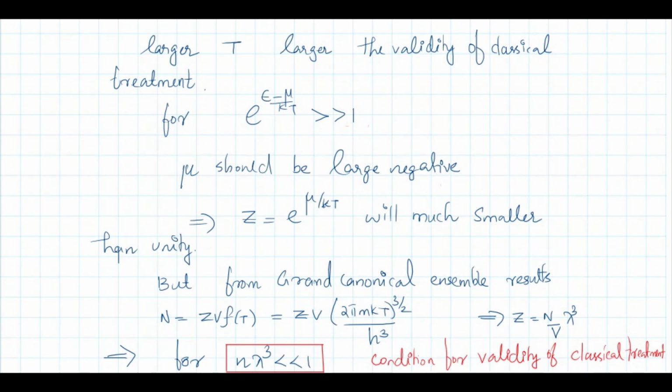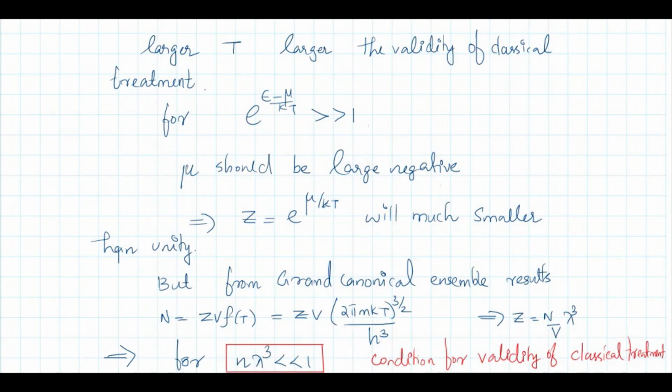Then we can write the condition in terms of number density and lambda as n lambda cube less than 1. This is a very important criterion. If the number density is multiplied with lambda cube, lambda consists of temperature in the denominator. So if the number density is very low or the temperature is very high, both will make this quantity very much less than 1.